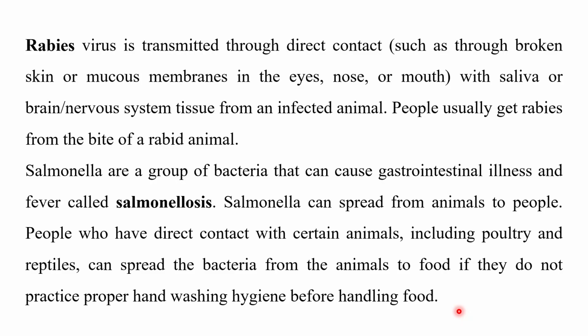People who have direct contact with certain animals, including poultry and reptiles, can spread the bacteria from animals to food if they do not practice proper hand washing hygiene before handling food. Salmonella is spread in a similar way to how rabies is spread. It is generally present in farm animals like poultry.